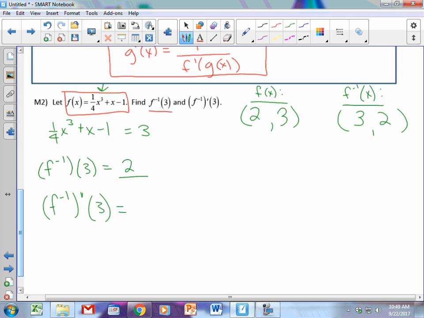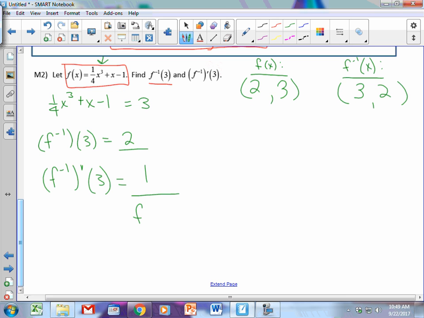So according to the definition that we just wrote down, it's going to equal what? 1 divided by f prime of, instead of using g, we're calling it f inverse, right? F prime of f inverse of 3, right? You know this.